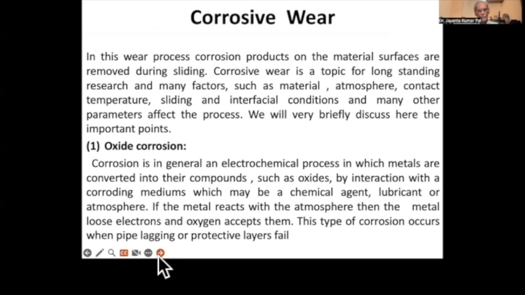As we discussed earlier, oxide corrosion is in general an electrochemical process in which metals are converted into compounds such as oxides, by interaction with a corroding medium, which may be a lubricant or some other chemical, and oxygen.